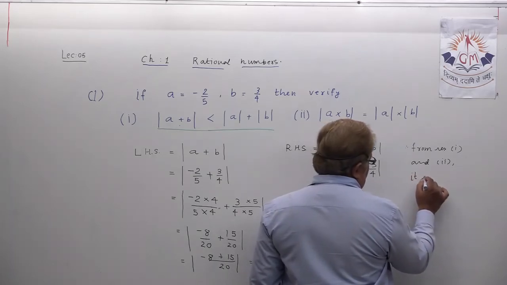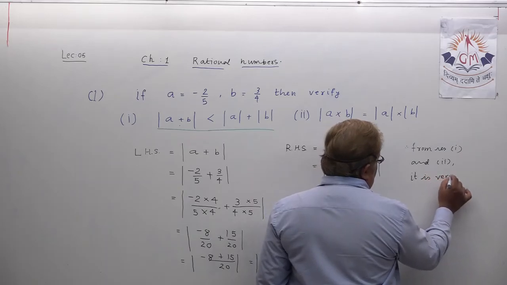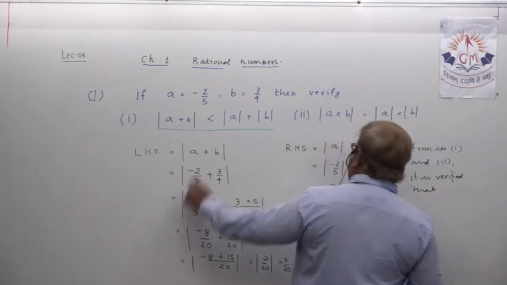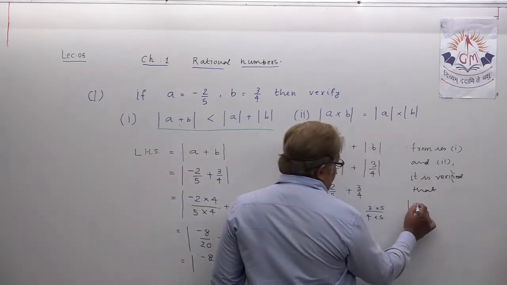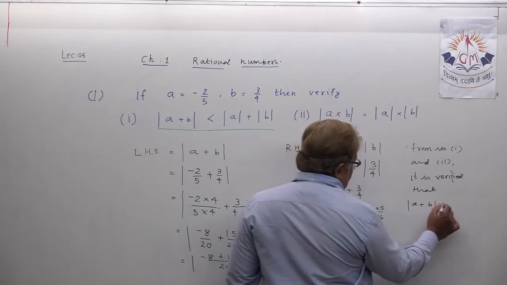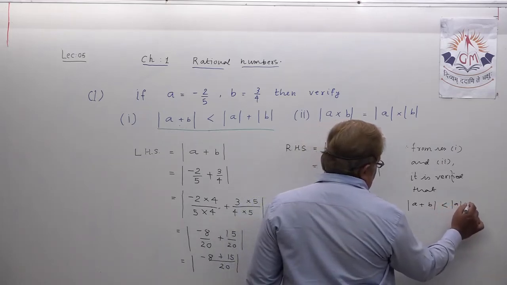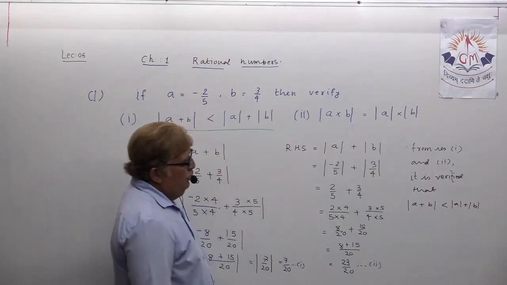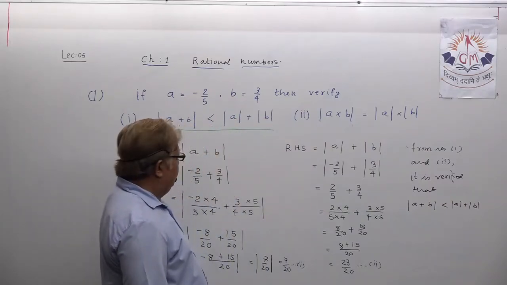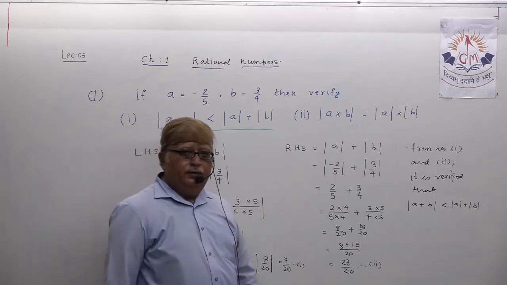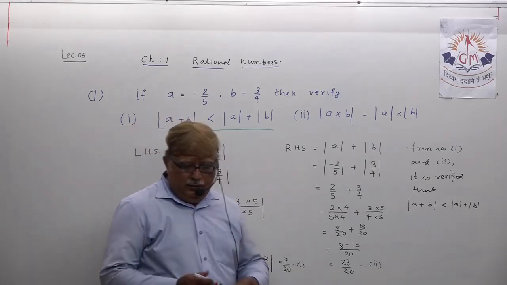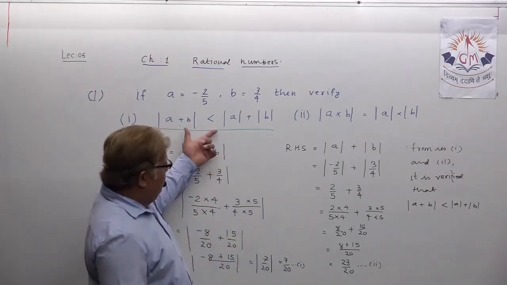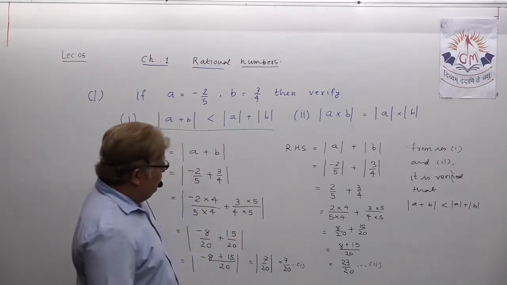It is verified that, what did you verify? Modulus A plus B is less than modulus A plus modulus B. Okay. This is the way you can verify. So the first property has been verified.